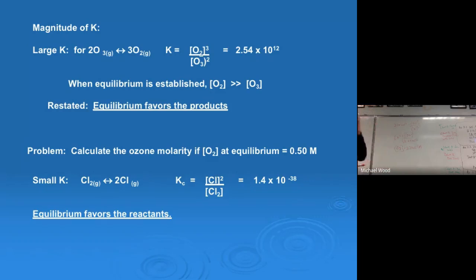Okay, and then here's a reaction where the K value is really small. And I'm going to talk about small and large here in a second. So in this case, the denominator would be much larger than the numerator.